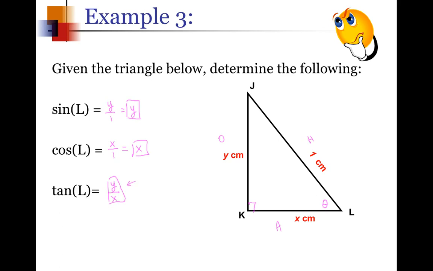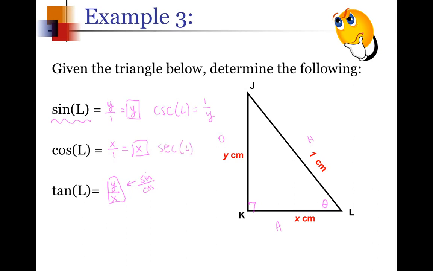Whoa, isn't that cool? That's sine over cosine. What is the reciprocal? Because I didn't ask these. What is the reciprocal function of sine? Cosecant. What is the cosecant of L? Well, if the sine is y, the cosecant is going to be 1 over y. What about the secant of L?